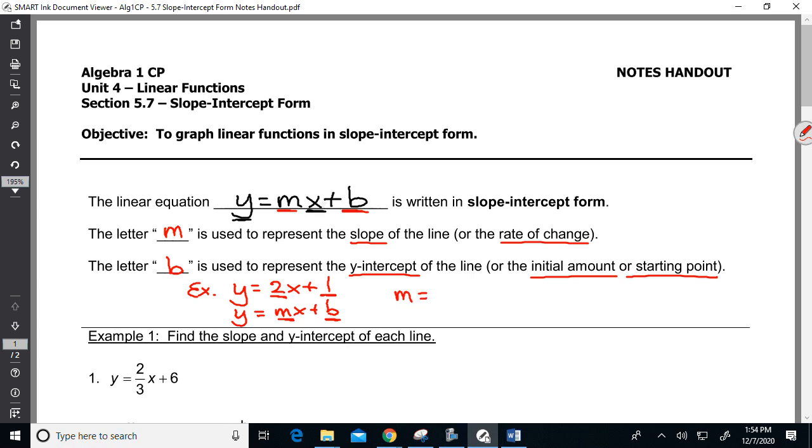So m would equal 2, so you can write it as is, or you can write it as a fraction. The y-intercept would be 1. Even if it was written backwards, it means the exact same thing. The y-intercept is 1, the slope is 2.